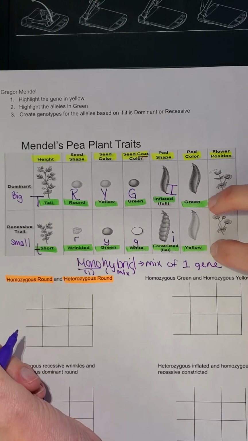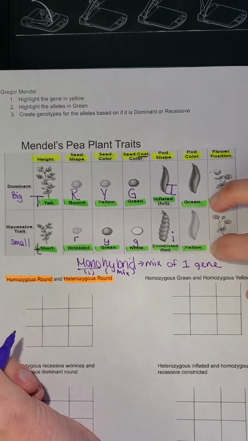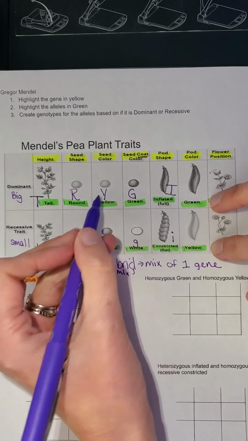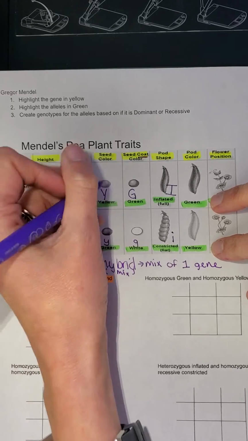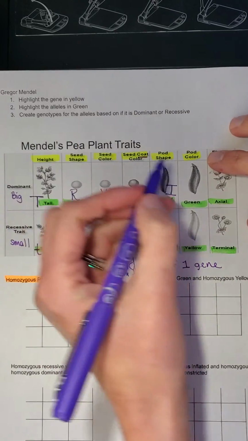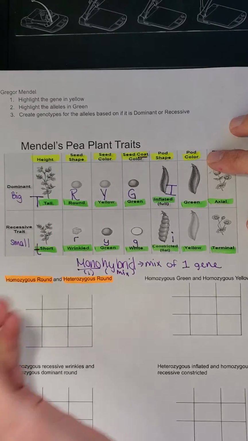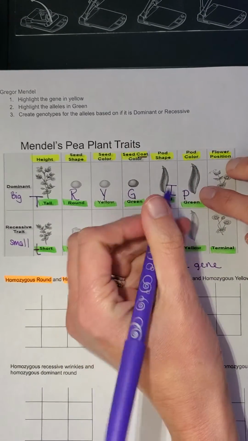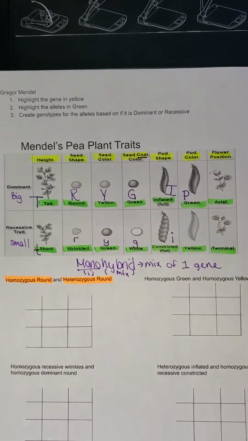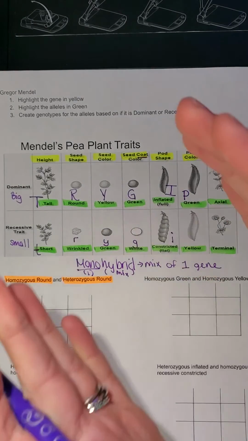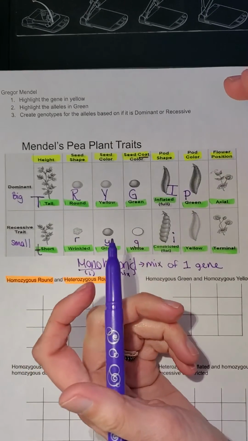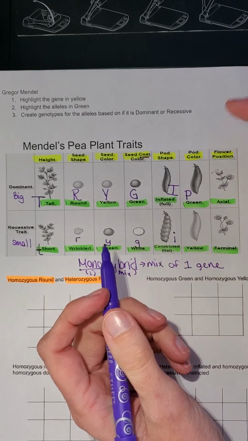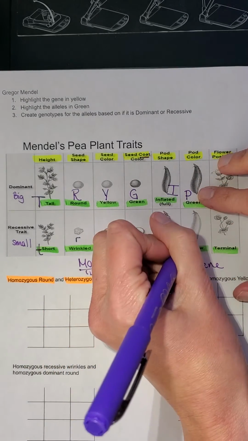Green, yellow. Again, that's not going to work, is it? Because I've already got green and I've already got yellow. So the best thing to do is to go up to the gene. I'm going to pick P. So pod color. Now P, big P and little p, they look the same. So I'm going to have to do something different. This is where I use cursive.